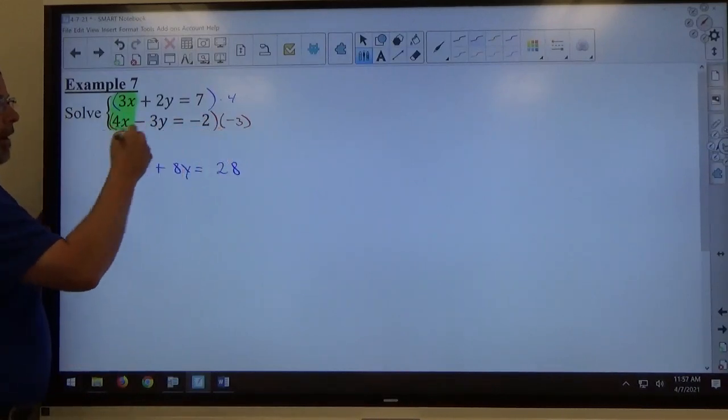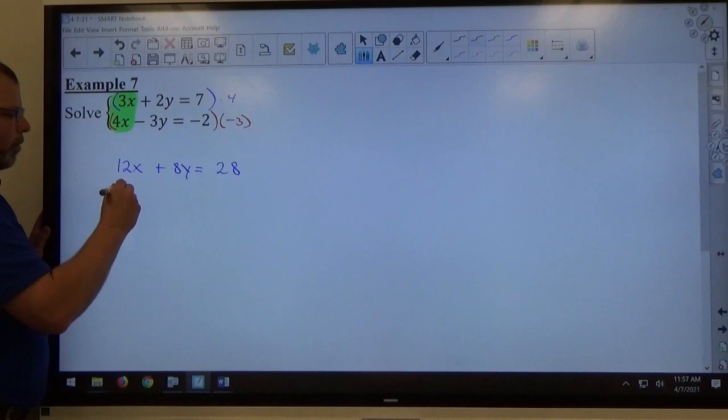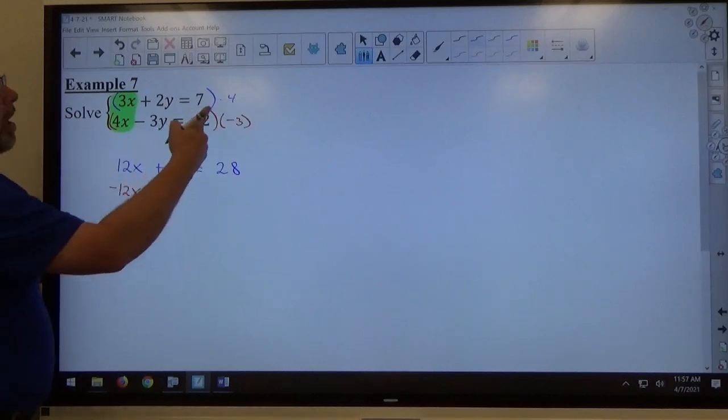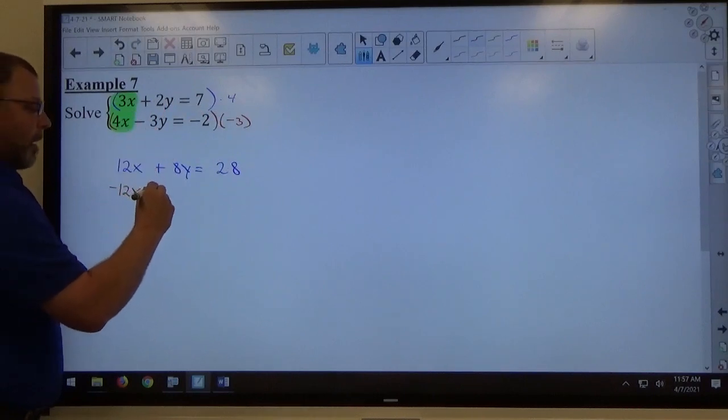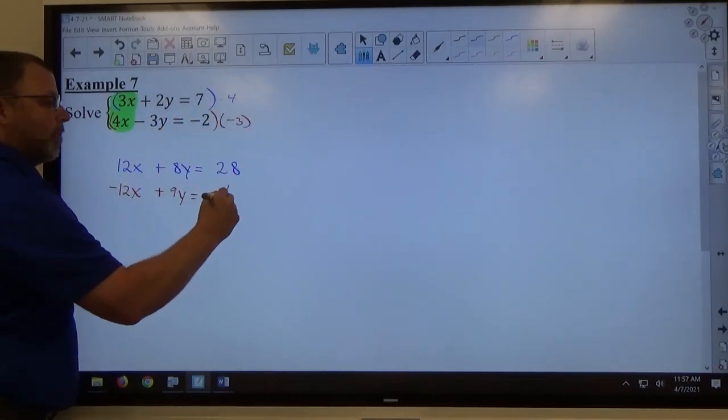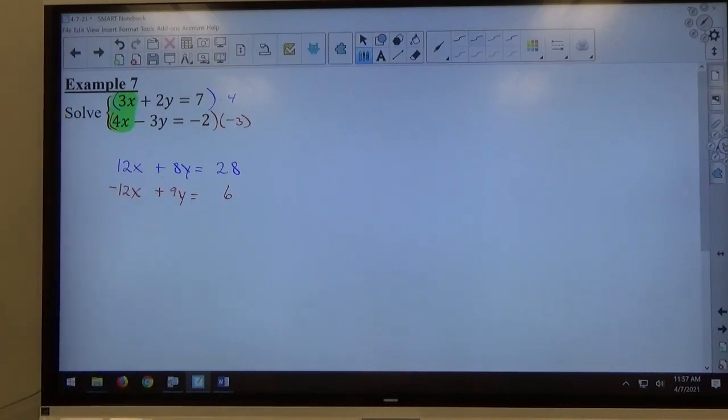So negative 3 times positive 4x makes negative 12x, what I wanted to happen. The consequence is everything has to change. Negative 3 times negative 3y makes positive 9y. Negative 3 times negative 2 makes positive 6. Be careful in the multiplication process that you are mentally focusing on the signs as you go through, positive, negative, whatever. Make sure those things are popping in your brain so you get the right sign on each product.